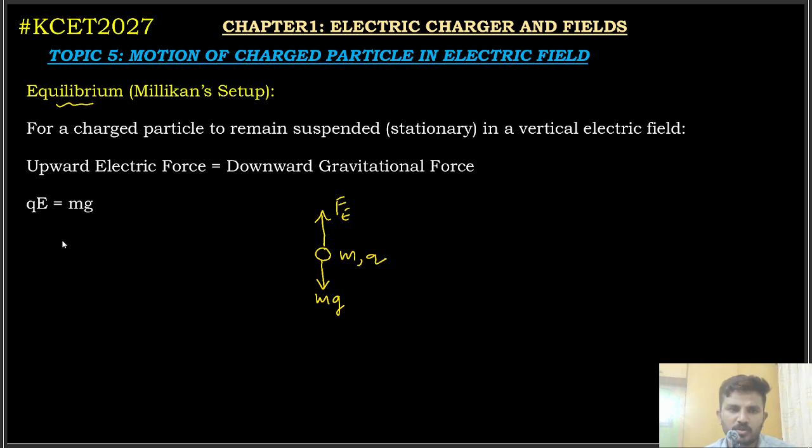If these two are equal, what will be the electric field required to keep that charged particle at rest without moving? For a charged particle to remain suspended, stationary in the vertical field, the upward force will be equal to the downward force. Downward is the gravitational force, upward is the electrostatic force. Equate them and you will get this. This is also a very important case.